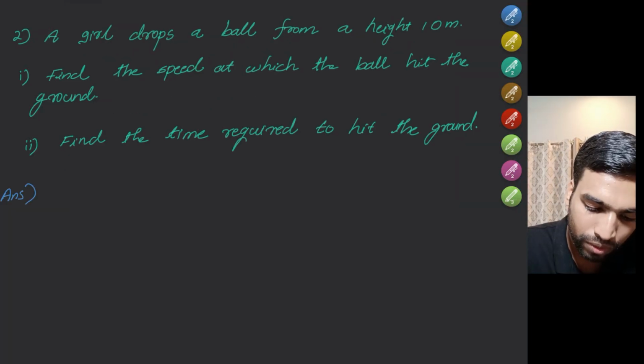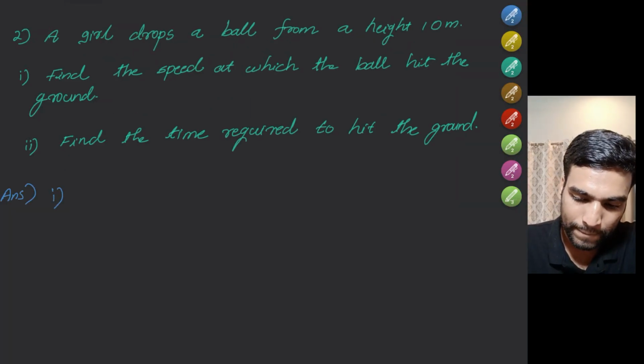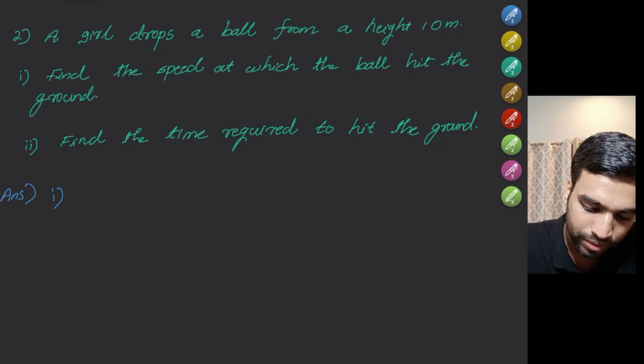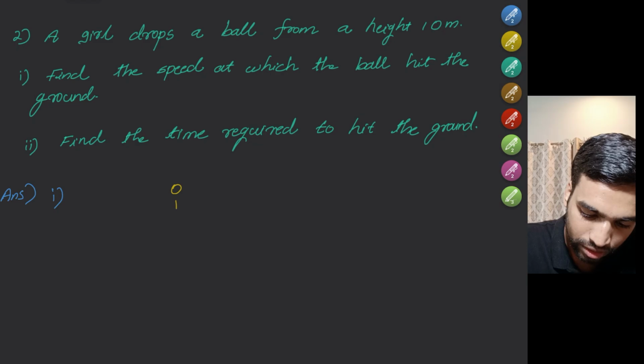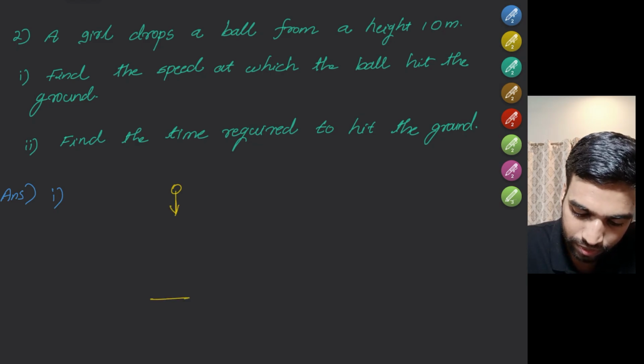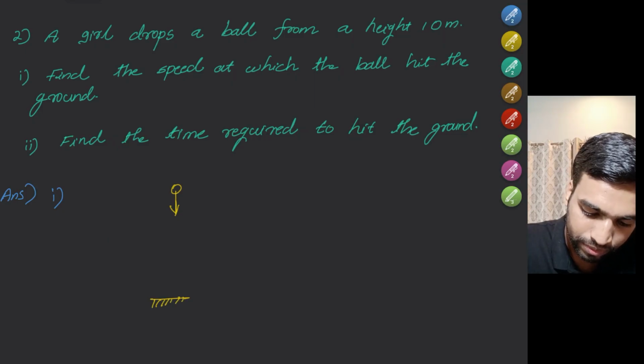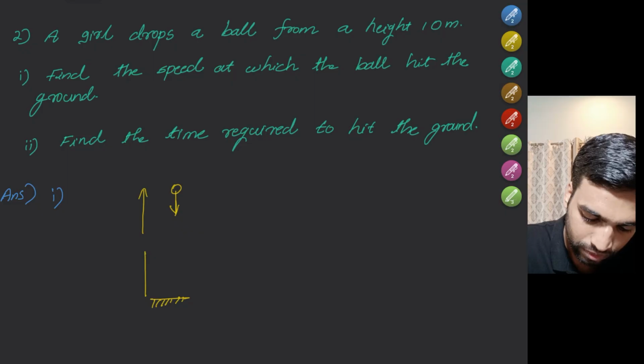Answer for the first part. For that, let us draw a very simple diagram. The ball is released from a certain height, correct? And it is released from a height of 10 meter.